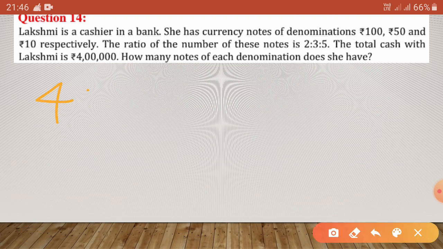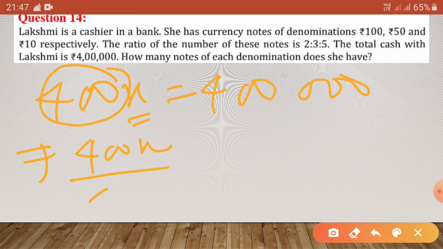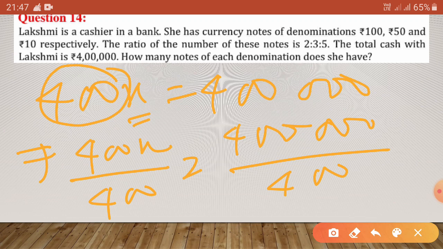So we got 400x equal to 4 lakh. Here 400 is multiplied by x, so to find the value of x, we have to divide by 400 on both sides. So we get 400x by 400, and on the right side also.